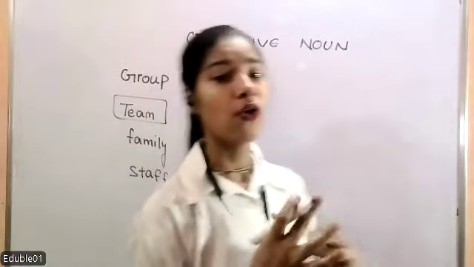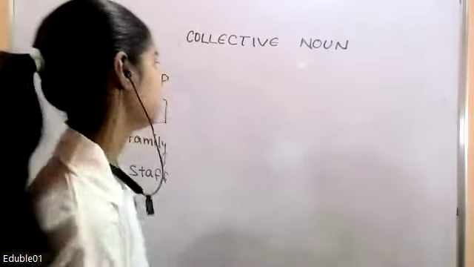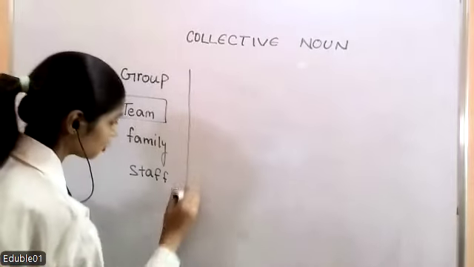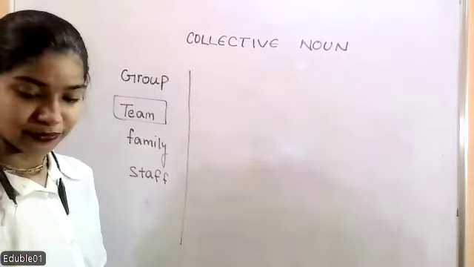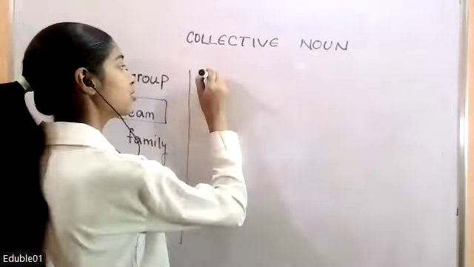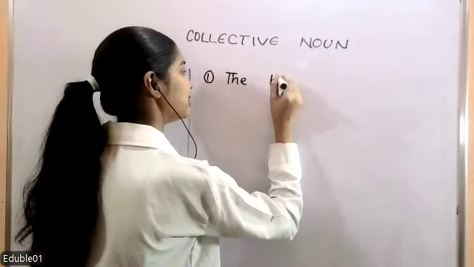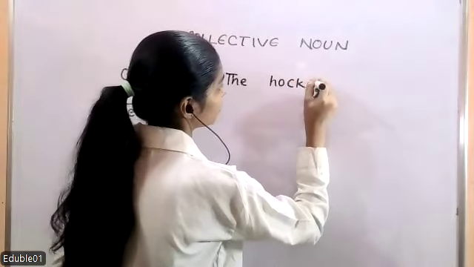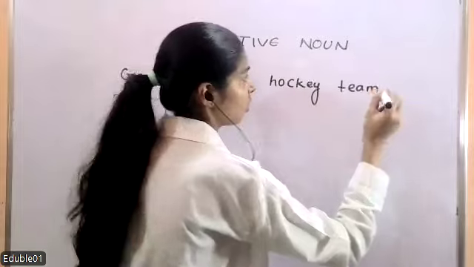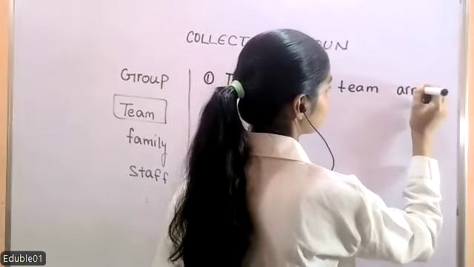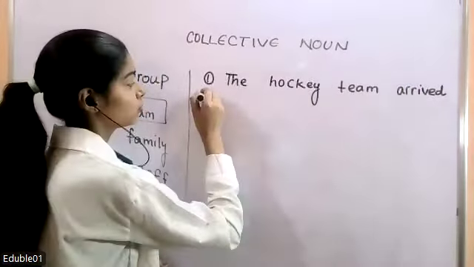If I'm saying, the hockey team arrived at the rink. So let's just write two examples of it so that we can better understand, right? Okay. So now if I'm saying, the hockey team arrived at the rink.